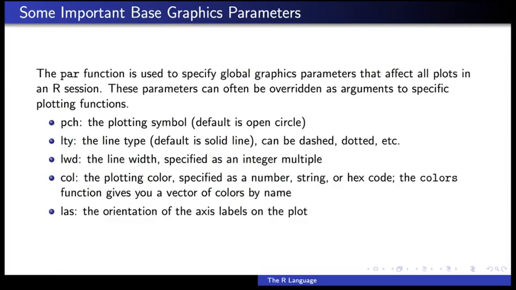But anything that you set using the par function will affect all of the plots that you make. So sometimes this is useful to save yourself from having to specify an option every single time when you call plot. However, any option that's specified using the par function can be overridden by specifying it in the plot function for a specific plot.